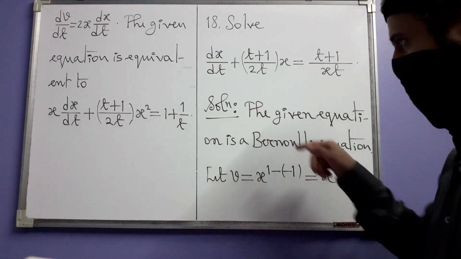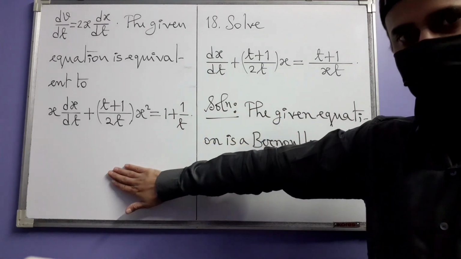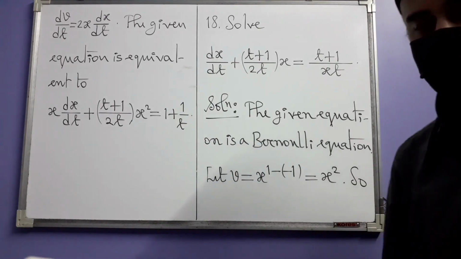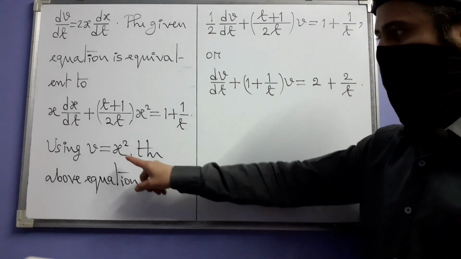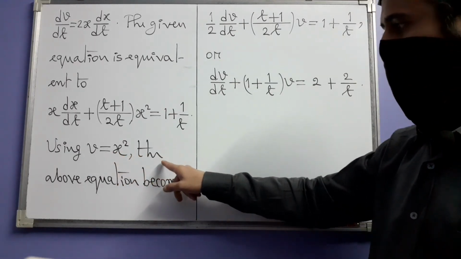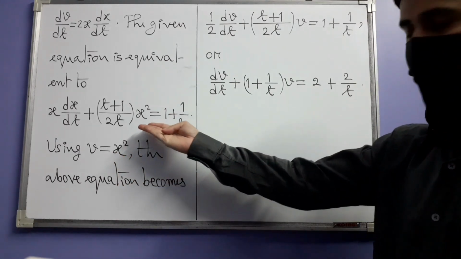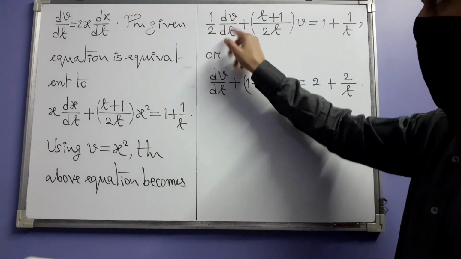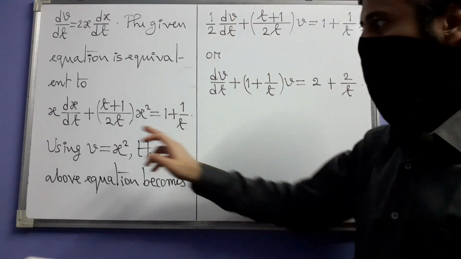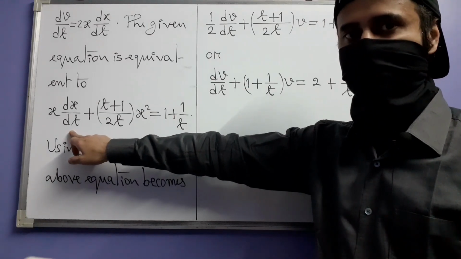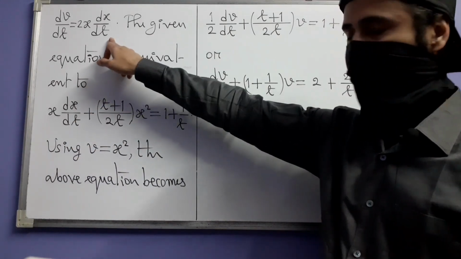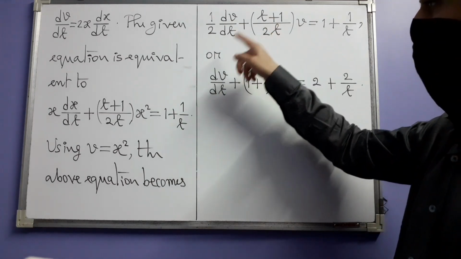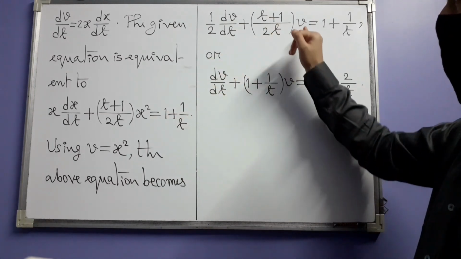And now we can use these things to further turn this equation into another one having v and t, which will be linear. So next we write like this: using v equal to x squared, the above equation means this one, 1/2 of dv/dt, that we have written in place of x dx/dt, which you can see from this equation, plus (t plus 1) divided by 2t times v.